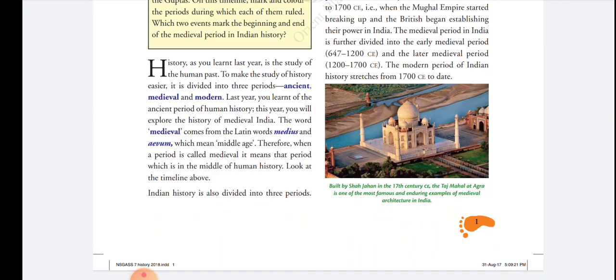Therefore, when a period is called medieval, it means the period which is in the middle of human history. Clear about medieval history? This is known as medieval history.